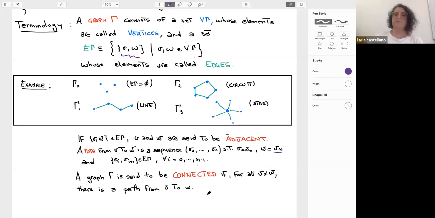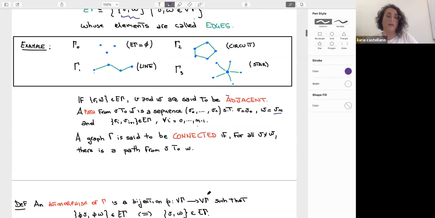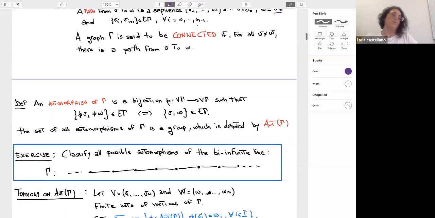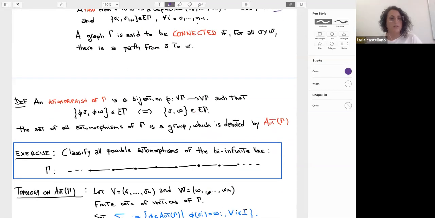Okay, so once we have a connected graph, or once we have a graph, because for the definition of automorphism, we don't need connectedness. What is an automorphism of a graph? It is what you expect it to be. It is a bijection on the set of vertices, such that the bijection has to preserve the adjacency relation.